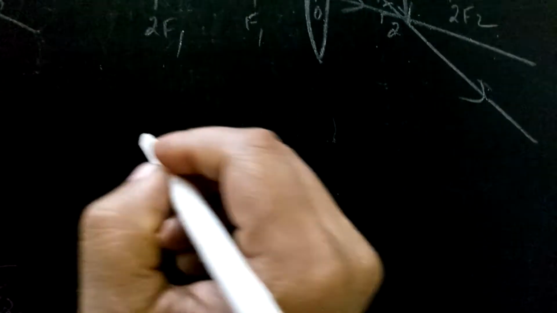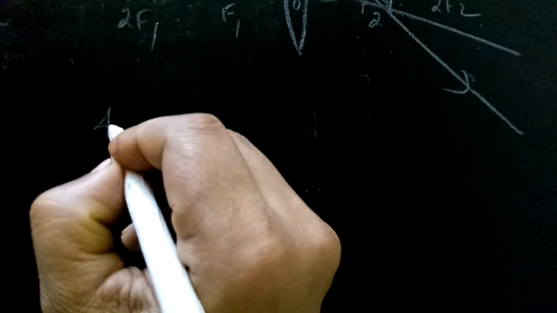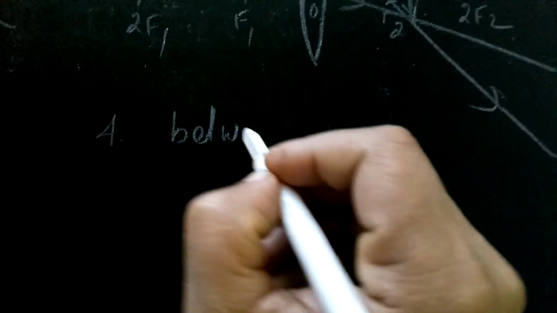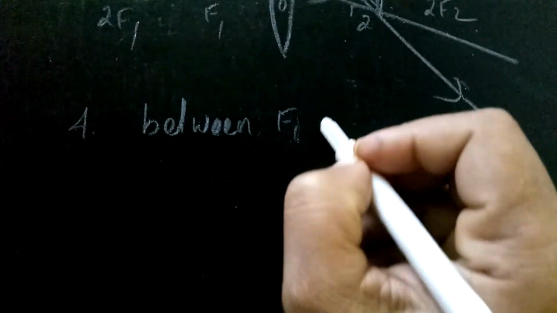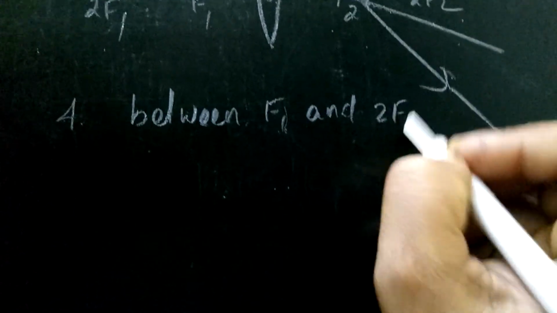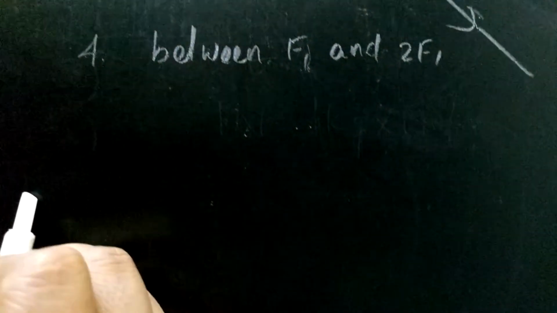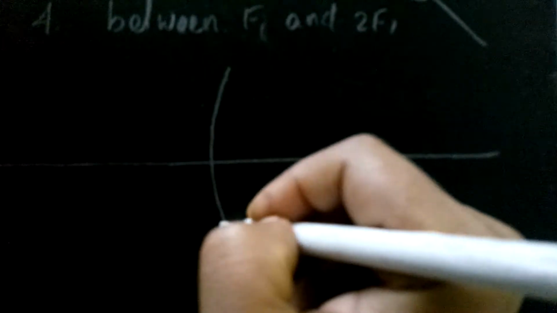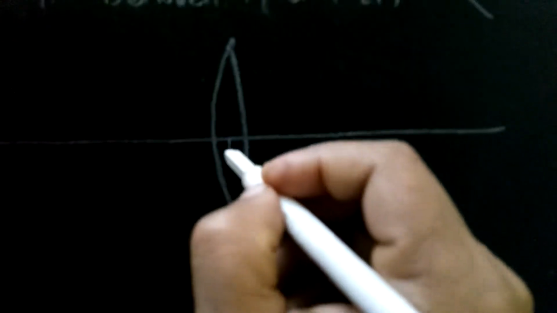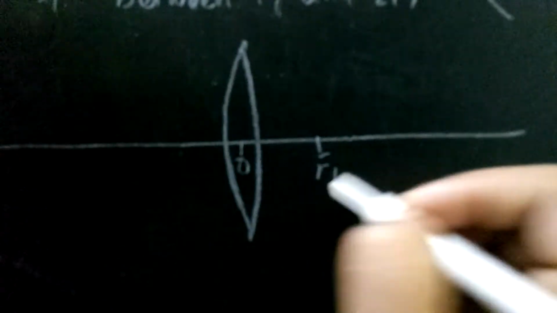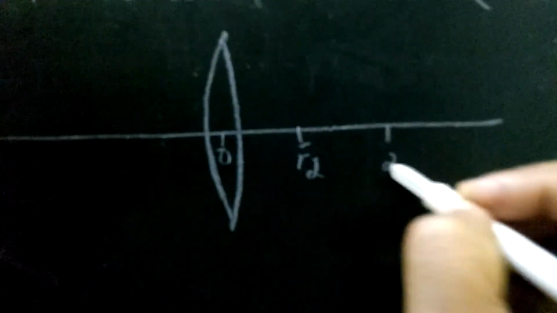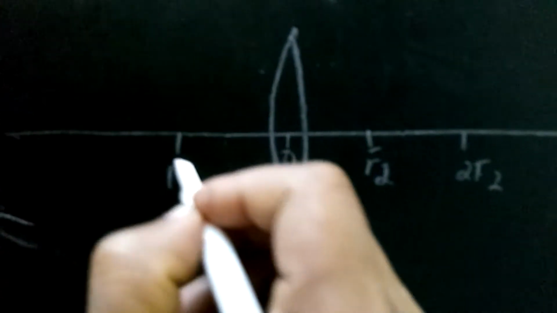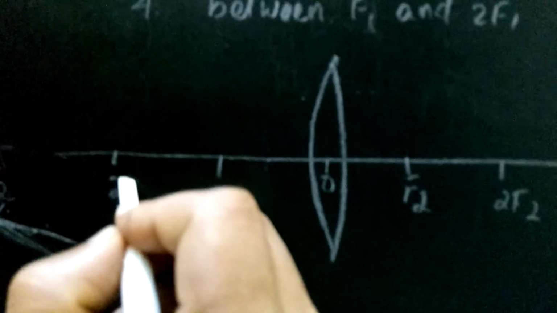Now the next position is between F1 and 2F1. So here also you have to draw a straight line and then a thin lens. Here O, F2, 2F2, here F1 and 2F1.